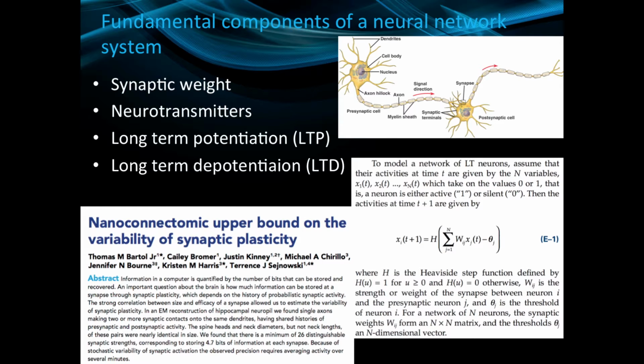And one of the ways that this strength is encoded is basically in the number of proteins at the synapse, or the number of connections at that site. One of the funny things that came out just earlier this year actually was that by taking electron microscope images of the synapses and axons and dendrites, what they determined is that there's a maximum of 26 distinguishable synaptic strengths.